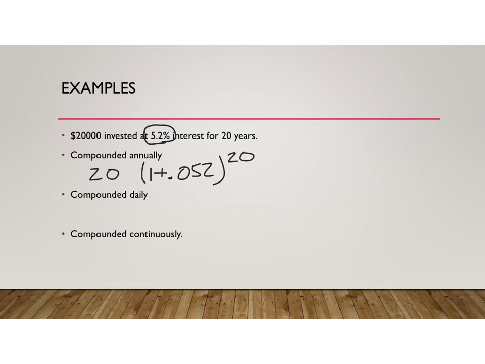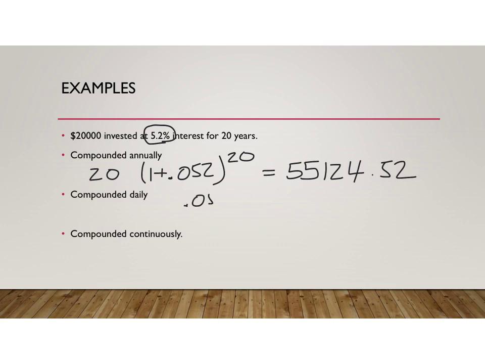So I'm going to take 20 times 1.052 to the 20th power. And I get 55.124. So then I would just simply move the decimal 3 places. So it would be $55,124.52.